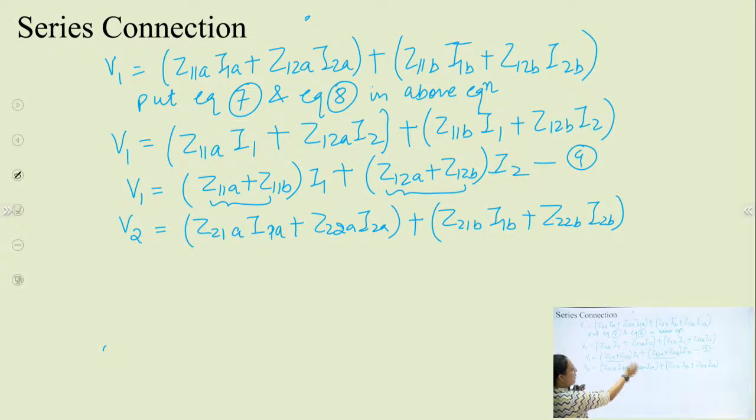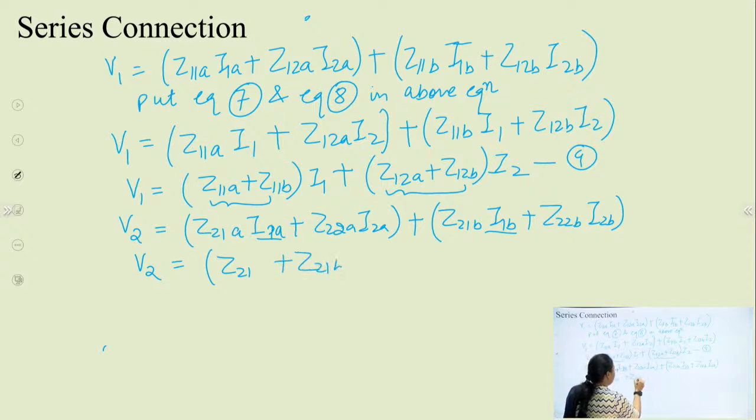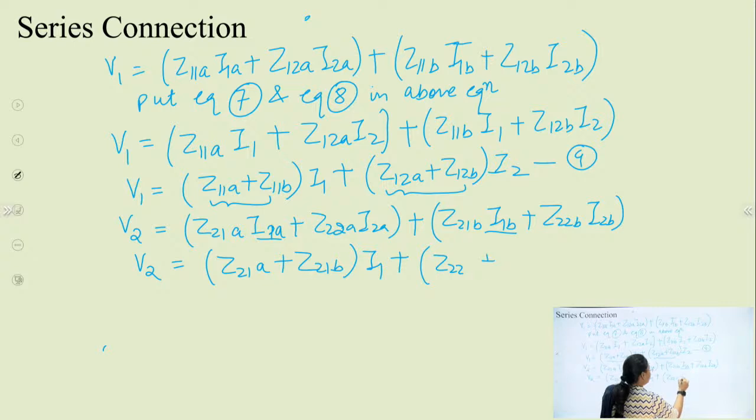Again I am putting equations 7 and 8 in this equation: I1A is equal to I1B which is equal to I1, and similarly I2A is equal to I2B which is equal to I2. So I will get (Z21A plus Z21B) into I1 plus (Z22A plus Z22B) into I2.